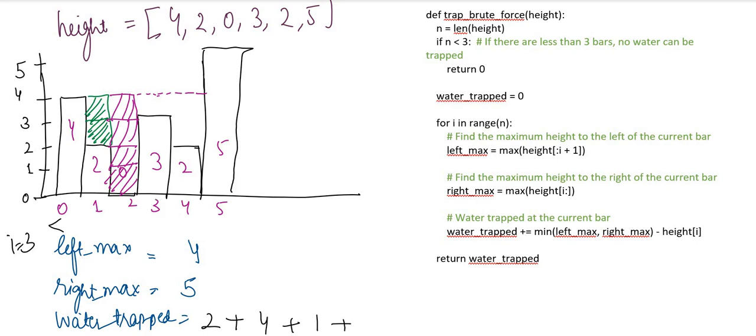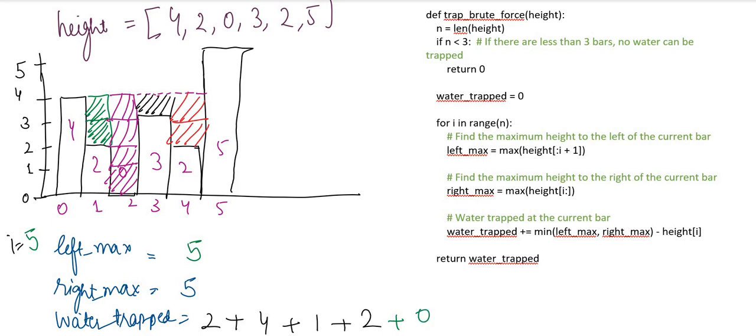Then for i equals 4, the left maximum is 4, the right maximum is 5, and the minimum 4 minus 2 gives 2 units. At the last index, the maximum towards the left is 5, towards the right is 5, so 5 minus the height, which is again 5, gives 0.